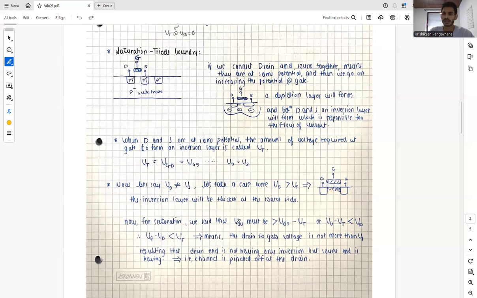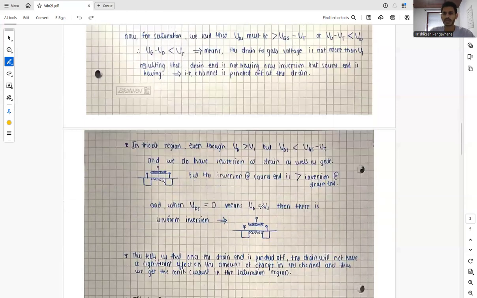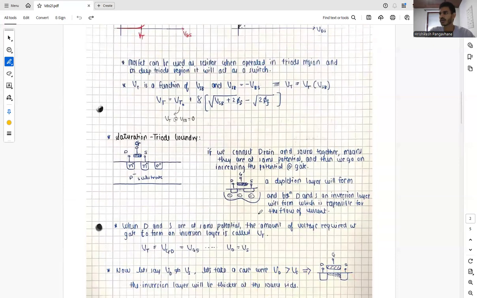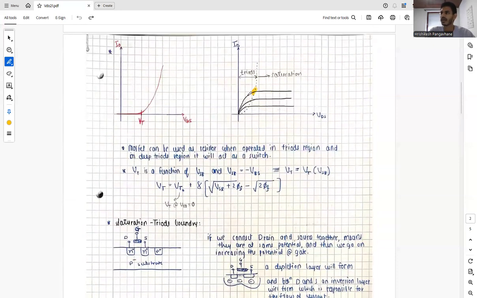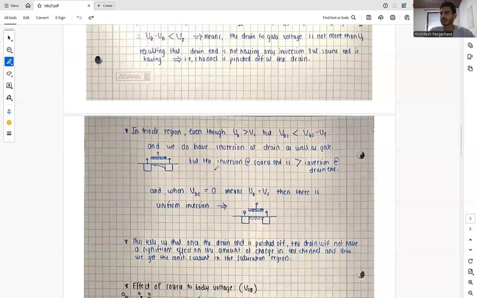This is the terminology we use in CMOS processes, where we call it pinching off when the voltage at the drain is greater than the voltage at the source. What we talked about here is related to the saturated region. But when talking about the triode region, even though the drain voltage is greater than the source voltage, VDS is always less than VGS minus VT, and that's how we say that our operation is in the triode region.